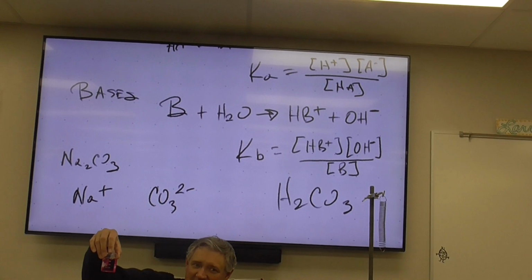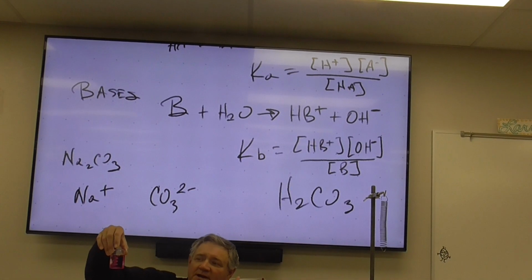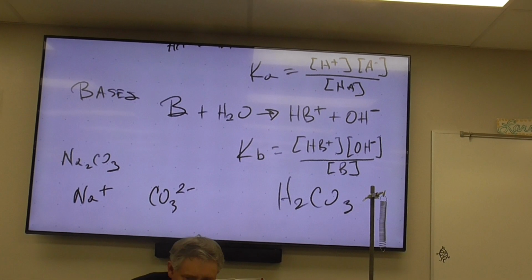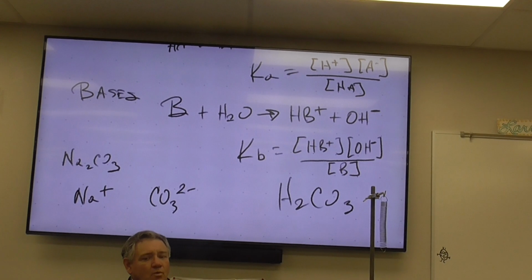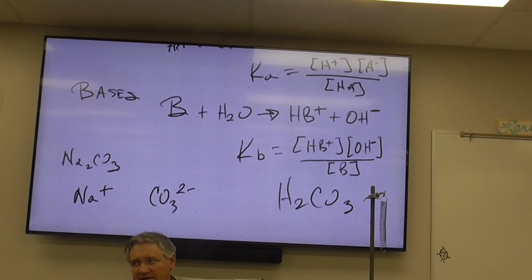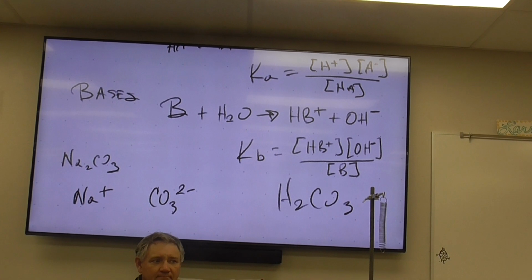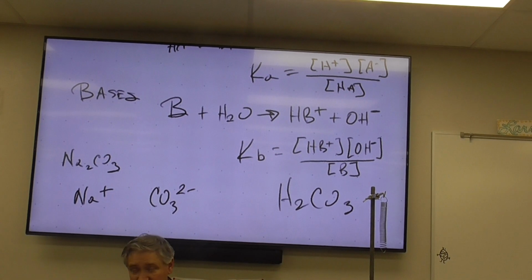It's magic. Sorcery. It's pretty. Now, by virtue of the fact that that turned magenta, what do you know about the pH of that solution? Basic or acidic? Basic, because phenolphthalein turns magenta in a basic solution.